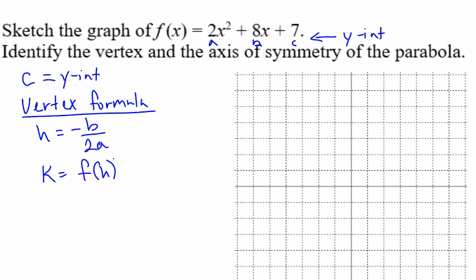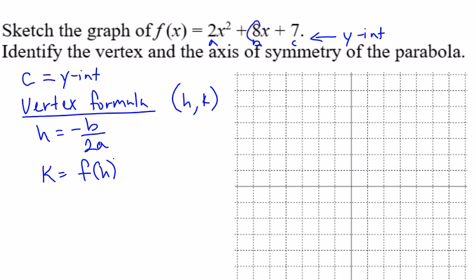So this is the vertex formula, and H and K are the vertex, right? Remember that H and K are the coordinates for your vertex. And the way that you find H and K is to use B and A. So H is negative B over 2A.